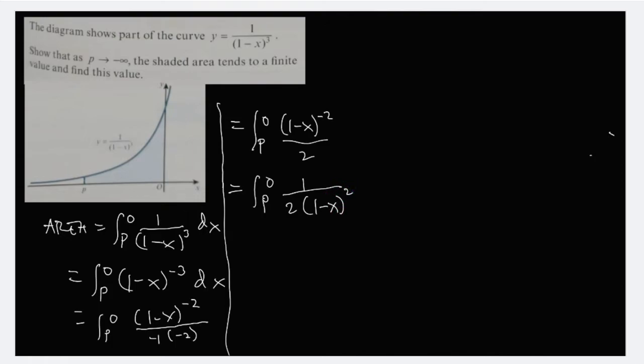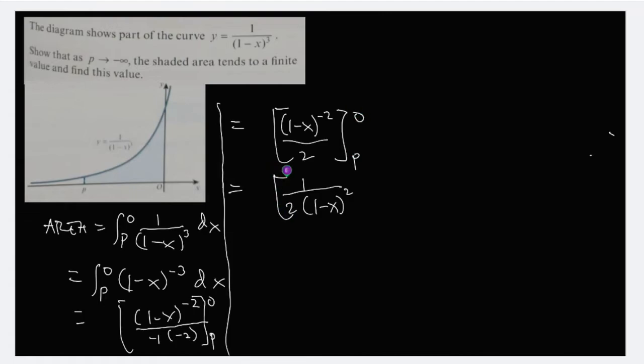So we're done integrating this. The limits will be on the left, so this will be from p to 0.